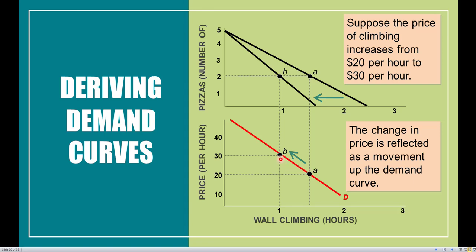But when the price increases to $30 per hour or $15 per half hour, we're only consuming 1 hour of wall climbing. So this change in our optimum consumption bundle and the optimum choice is going to be reflected with a movement along the demand curve. And this is exactly how we derive demand curves. If we go for every single price for this particular good, we're going to see this downward sloping demand curve, once again, the law of demand in action.